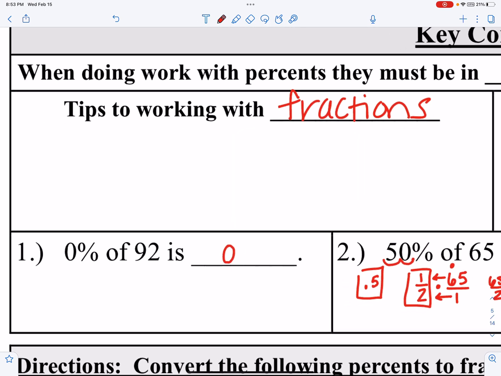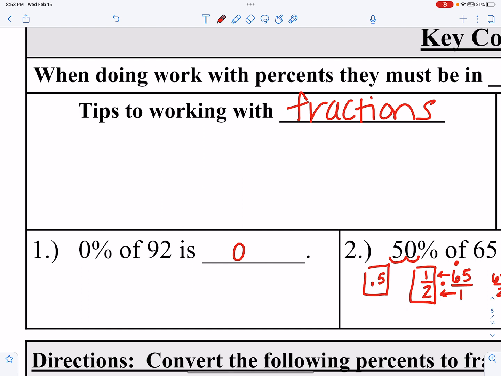So one of the big tips to realize is that 50% of something is a nice, easy one, because we know 50% as a fraction is just 1/2.